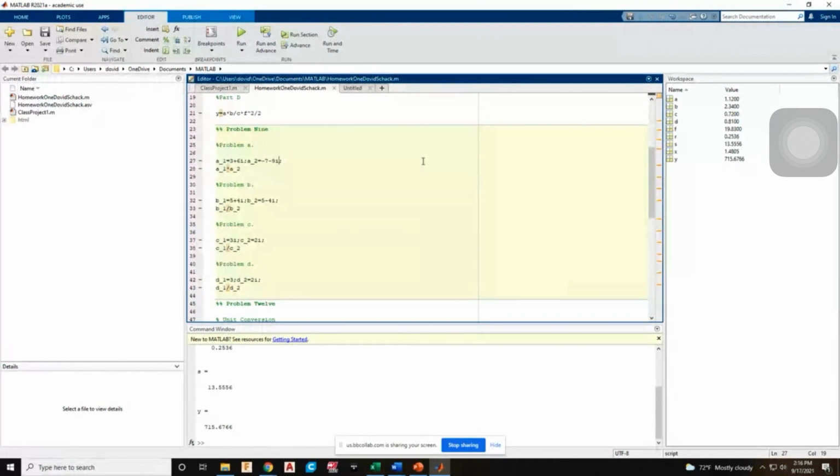And of course A1 times A2, you'll end up with A. So as line 29, for example, you could say A equal, no A1, because there'll be A, B, C, D, so we just say A equal, and then straight up, the 3 plus 6i times minus 7 minus 9i.